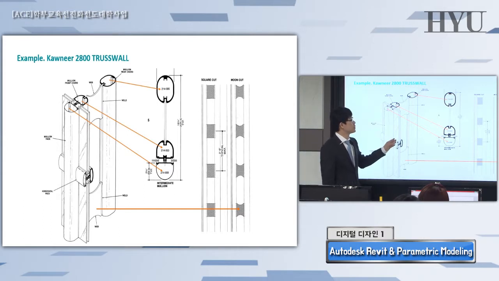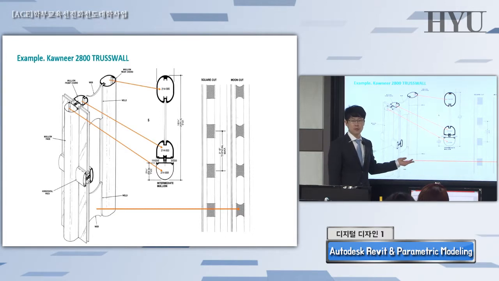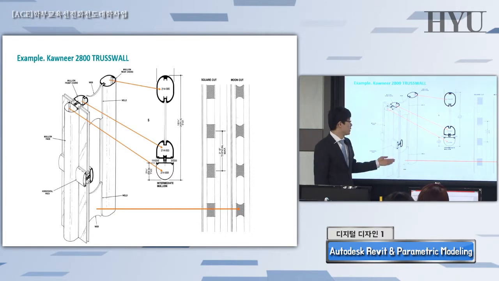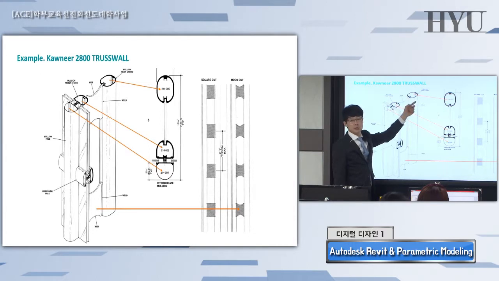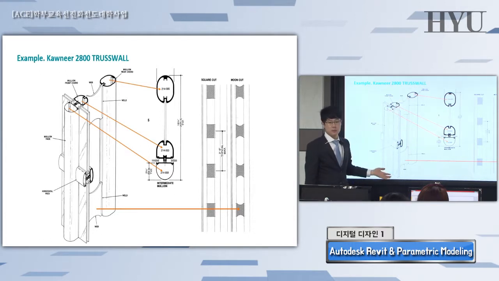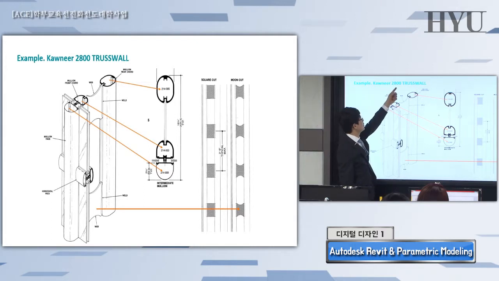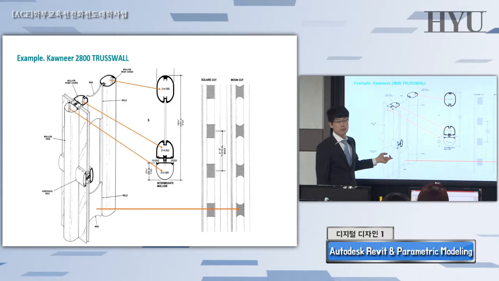We are not going to create or manufacture this kind of architectural element. They are all manufacturer-provided objects. This kind of company, Cornell, has hundreds, thousands of products for window systems, curtain systems, surface systems, and so on. This is the 2800 truss wall, the product name, okay?